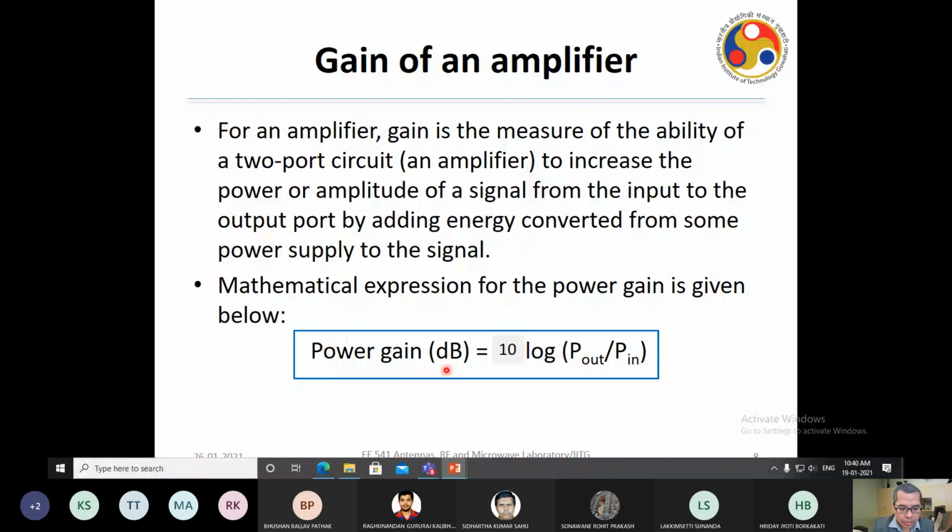But if it is in terms of power, it is 10 log of P out by P in. That should be very clear, as many students get confused with that. Whenever you have V out by V in, you have 20 here because the power is V squared. V squared you can take outside, and it becomes 20 here. Otherwise, when you take the ratio of P out by P in, it should be 10 log of it. This is log to the base 10.